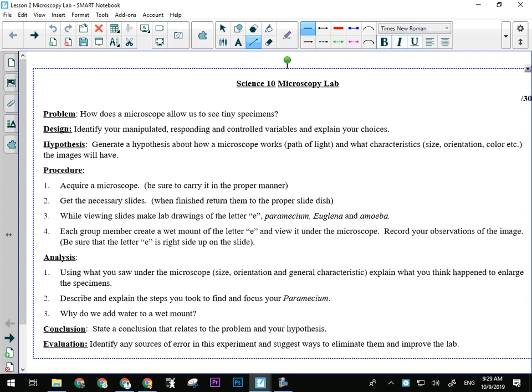In this lab, we're going to be looking at 4 different specimens, but we're going to be doing that with the same microscope. And we're going to be looking at how they appear under different magnifications.